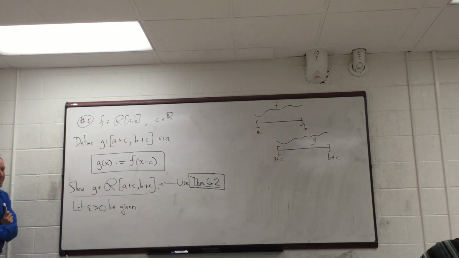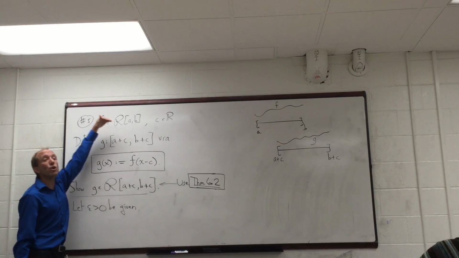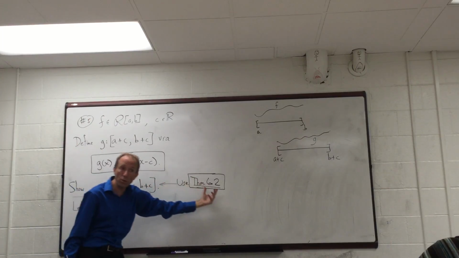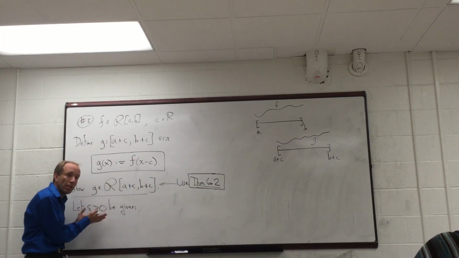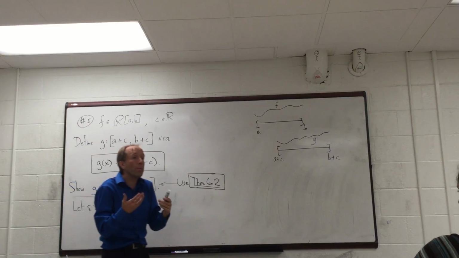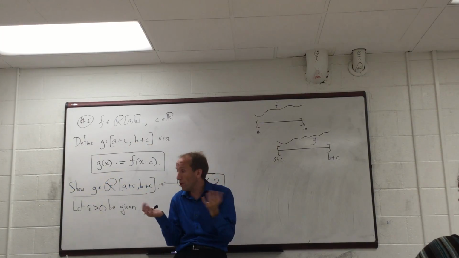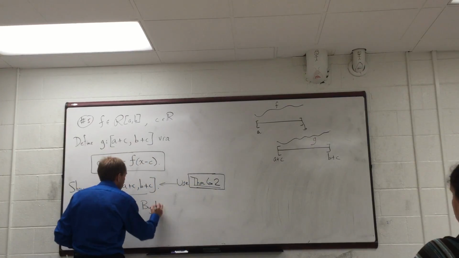You have an idea? Would it be the n that works for f since it's already Riemann integrable? Okay, f is already Riemann integrable. So by theorem 6.2, given this epsilon, there already exists a partition. We don't even have to call it P sub n. We just call it P. It's just some partition. By theorem 6.2, very good.